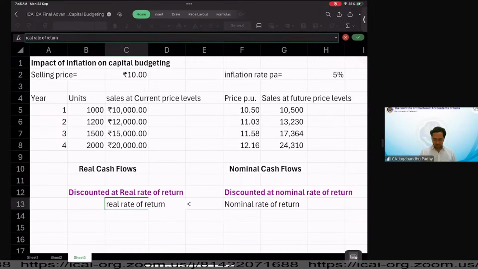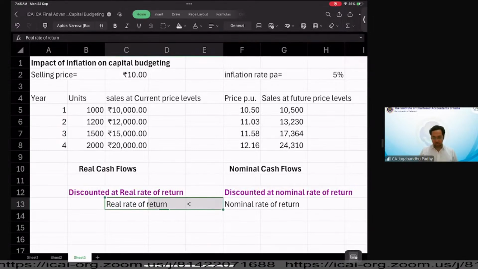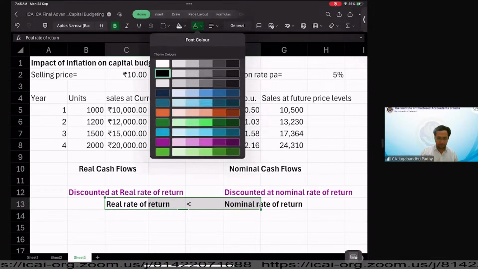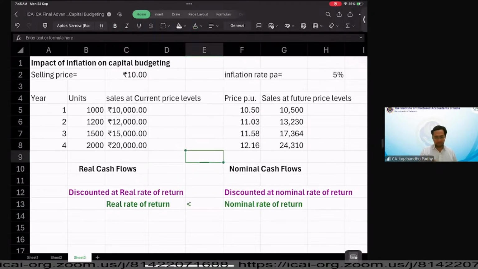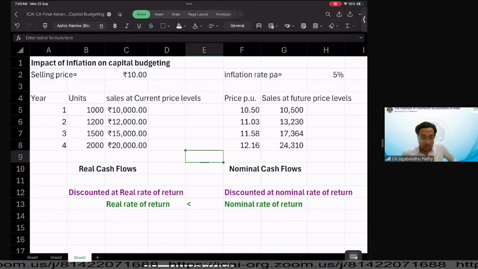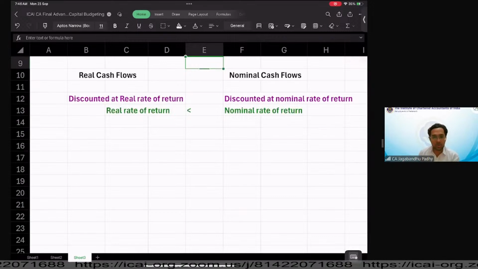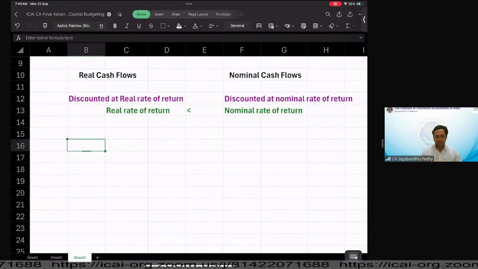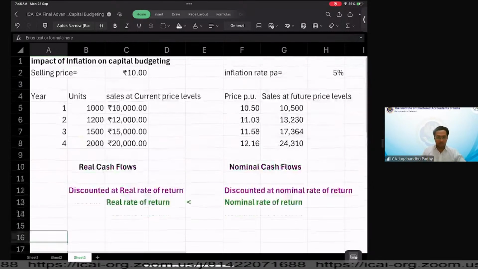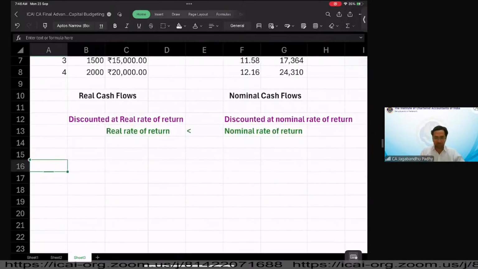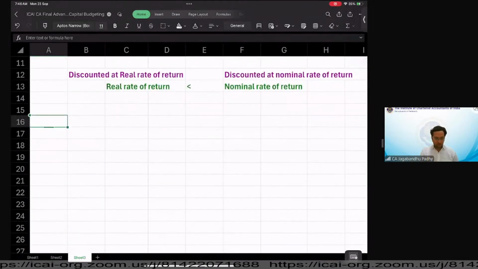This is something that we can definitely vouch for, that the real rate of return should be lesser than the nominal rate of return. So now we need to know how much less it is, or how we get the nominal rate of return. For that purpose, we need to understand the relationship between the nominal rate and the real rate.